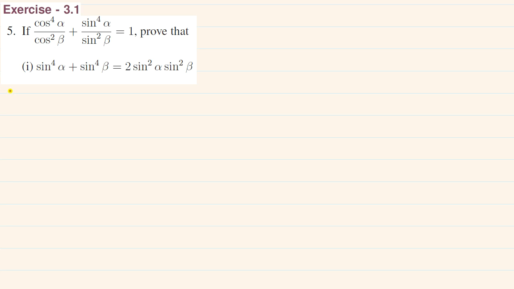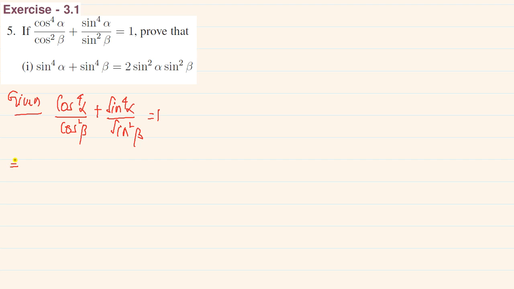So இப்போ இந்த problem-ஐ பண்ணும்போது, given is cos to the power of 4 alpha divided by cos square beta plus sin to the power of 4 alpha divided by sin square beta is equal to 1.